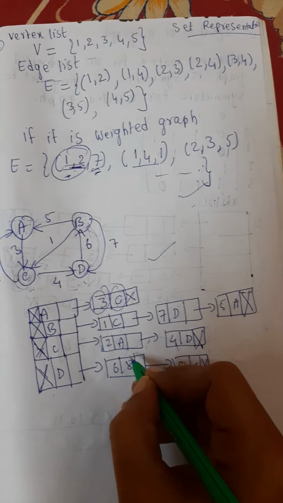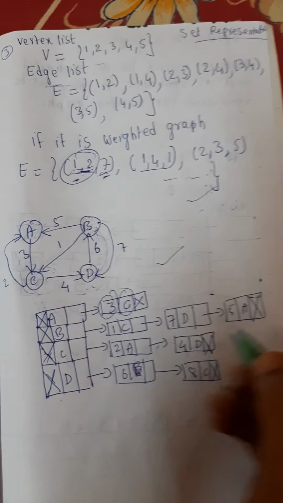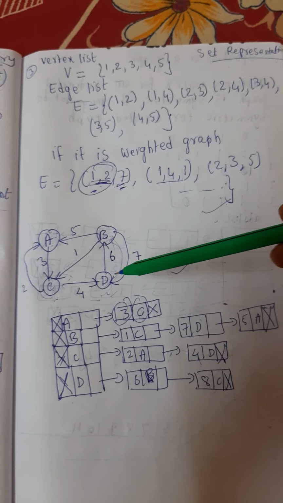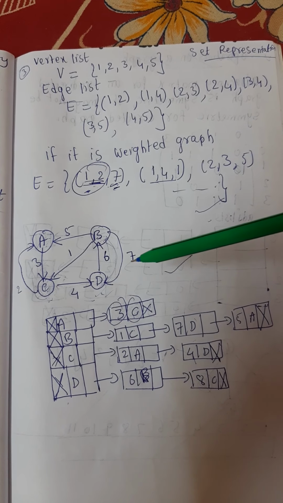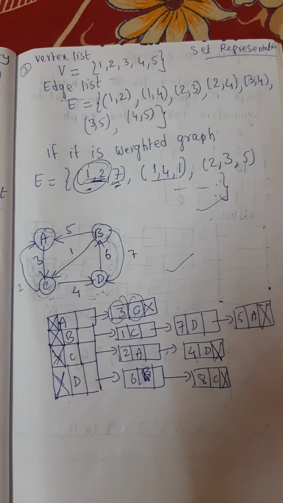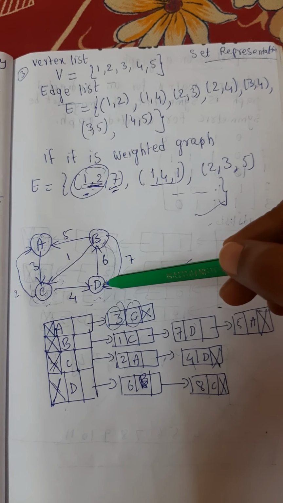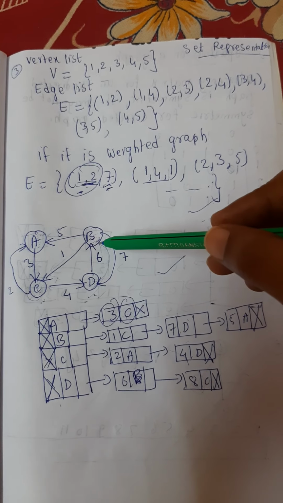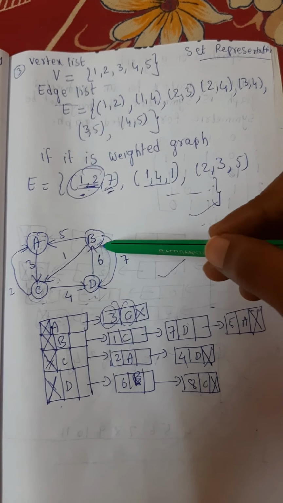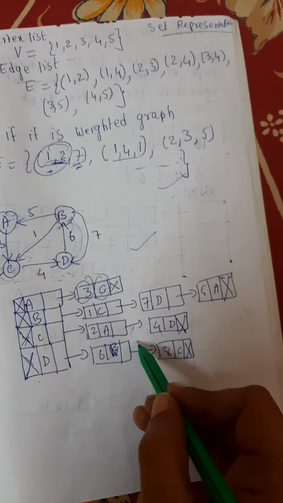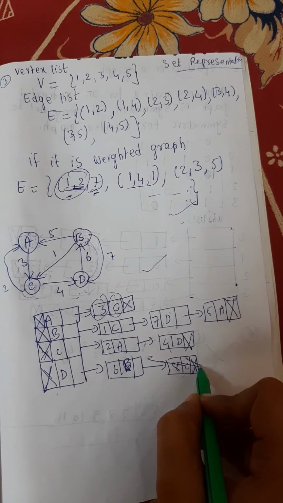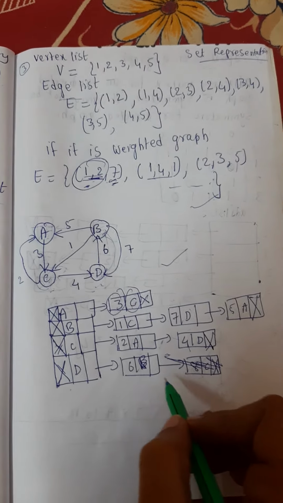This should be B. For D, the adjacent vertex you have is B. Only B we have. Do we have any other thing? No. This is the thing you have.